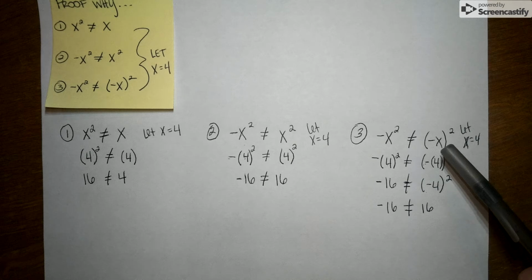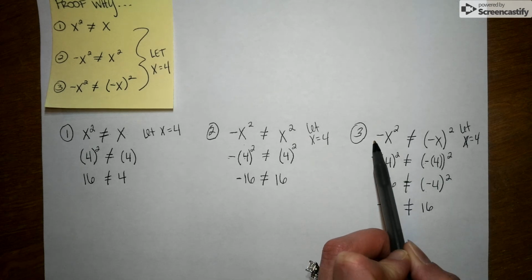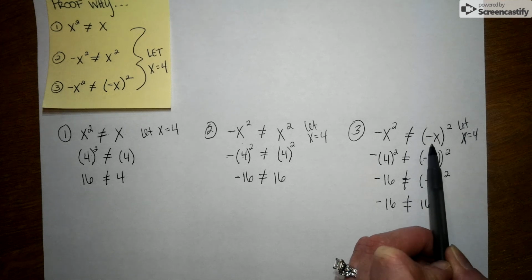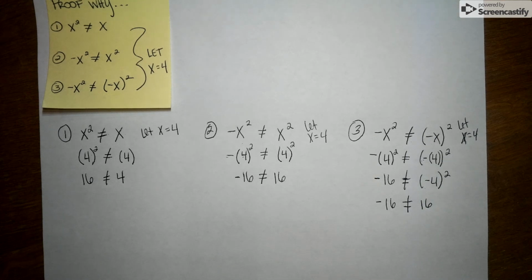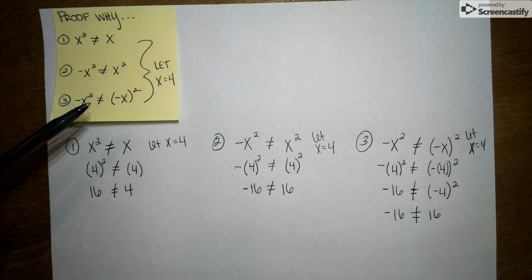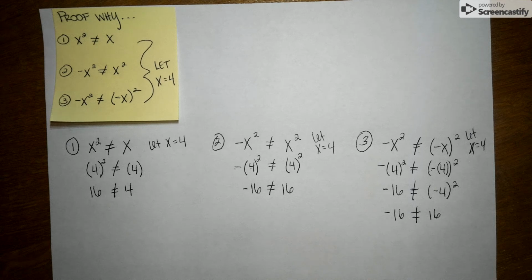Therefore, that's why when I go back, I can clearly see that negative x squared does not equal, in parentheses, negative x and then squared. So again, here I'm proving to you why these three expressions are not equal to each other. And that is part of that lesson, or finalizing that lesson 1.3b.